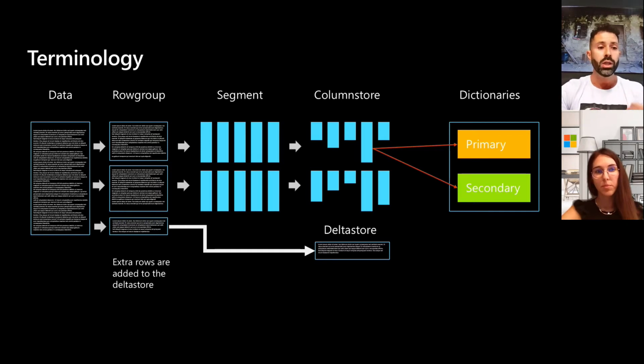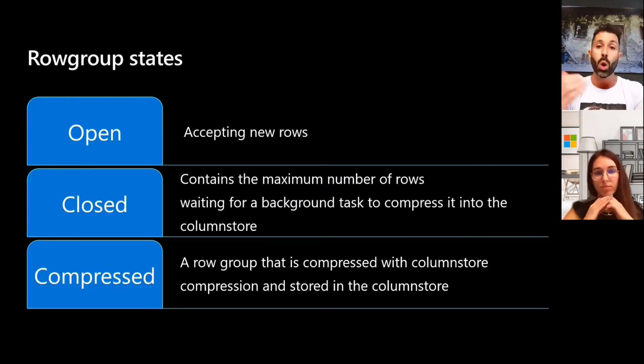So looking at the row group states, we have mainly these 3 types. Open state means that I'm accepting rows. So in the end, behind the scenes, your rows are going to be stored in the delta store. And then we have the closed.